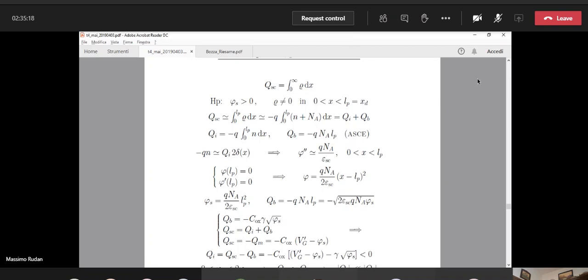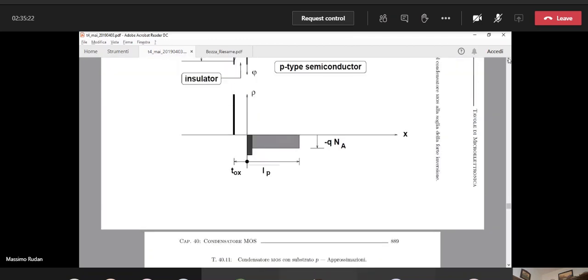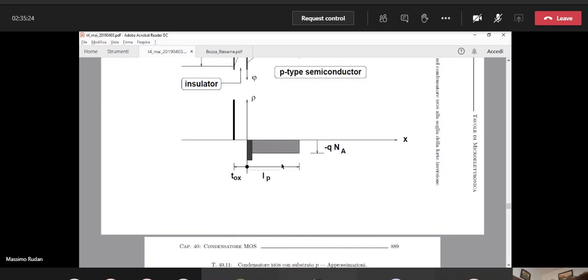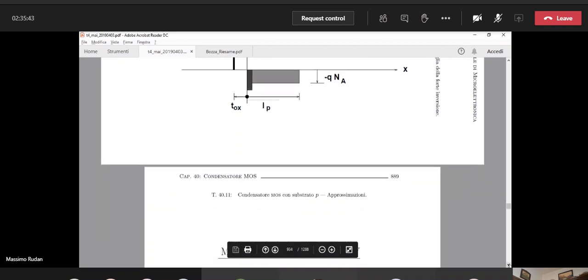Then we take the Ashe approximation. We say there is a position LP such that to the right of LP we have a neutral semiconductor. To the left we have a space charge. So we are using the Ashe approximation.